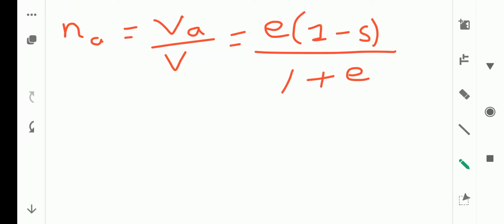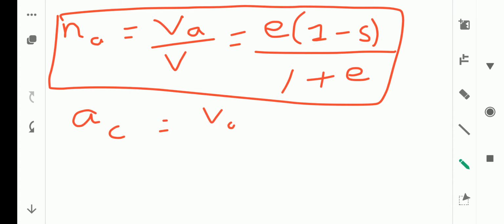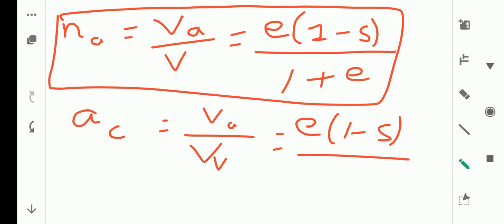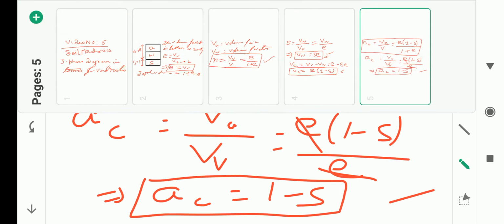This is percentage air voids in terms of void ratio. Then another term was air content. What is air content? It is volume of air by volume of void. It will be equal to e into (1 minus S) divided by the volume of void, which is e. You can cancel out e and e, and you can write air content is equal to 1 minus degree of saturation. Up to here I think it's clear.